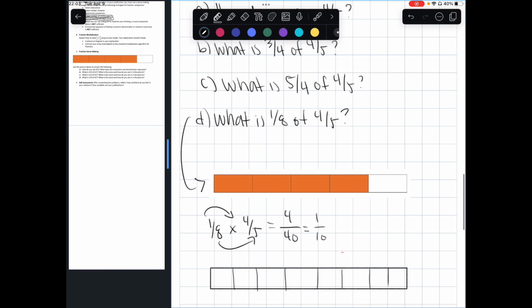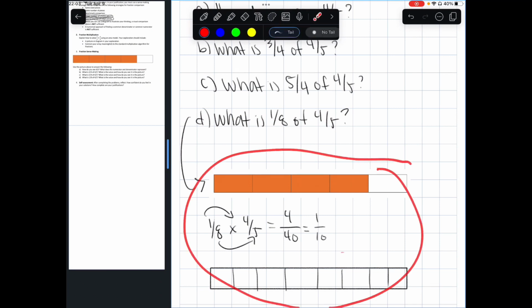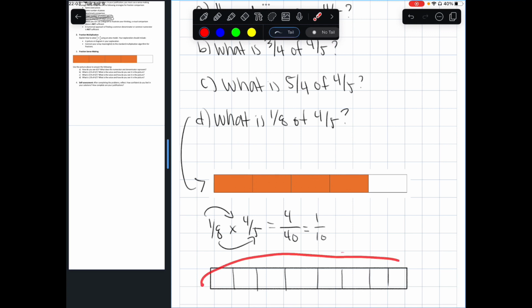Okay, so I already have everything set up down here, and we're going to do some filling in down here. But we're answering what is 1/8 of 5/4. And coming down here, we see that I've solved it right here. So 1 times 4 is 4, and then 8 times 5 is 40.